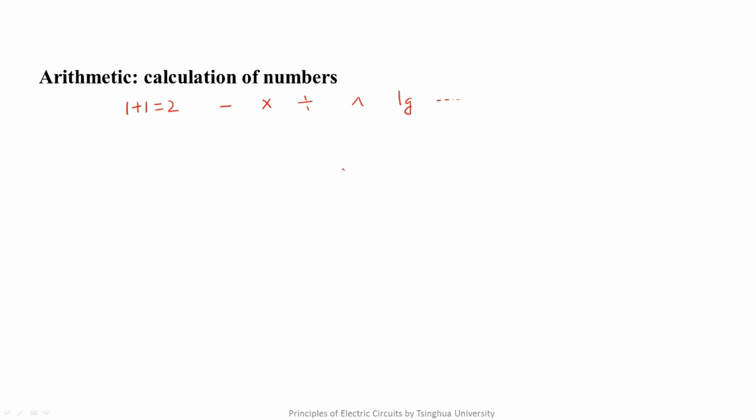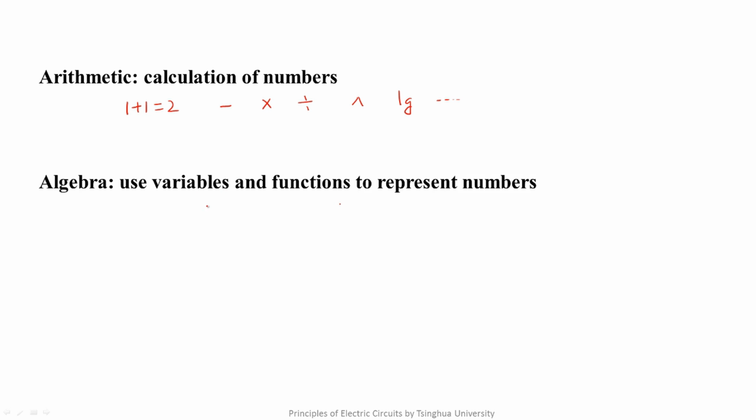One breakthrough in your middle school learning is from arithmetic to algebra. Algebra means using variables and functions to represent numbers. In other words, corresponding to 1 plus 1 equals 2 above, we use a plus b to represent addition and a minus b to represent subtraction, in which a and b are both variables.